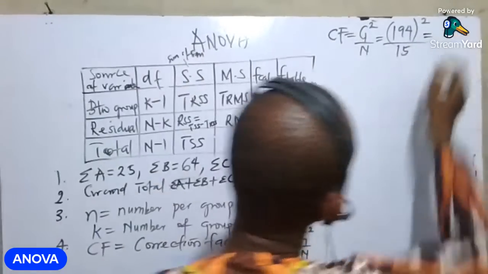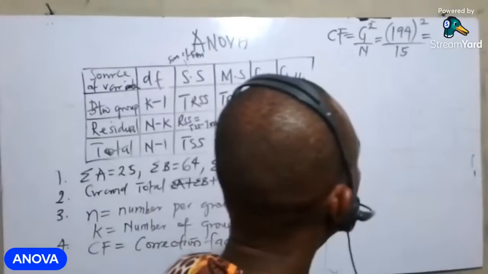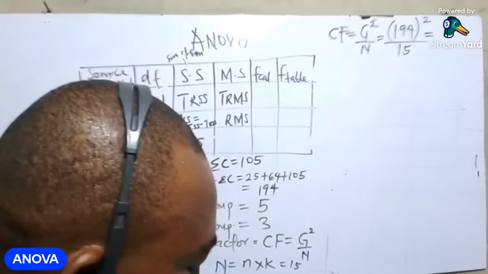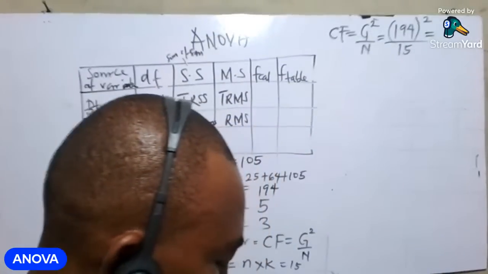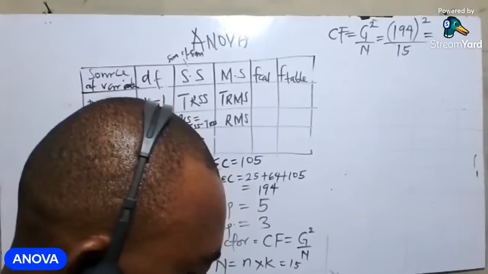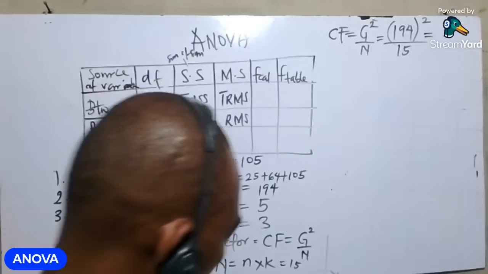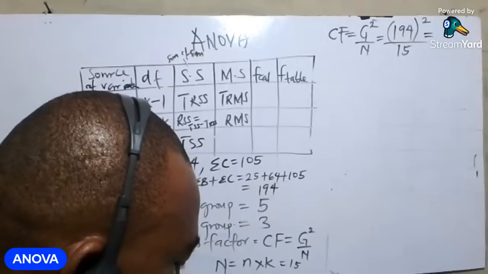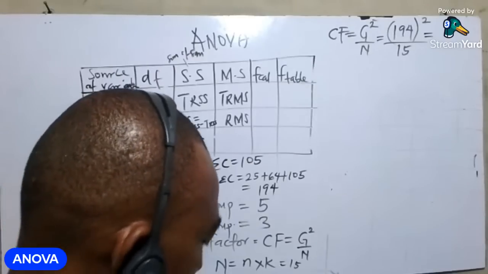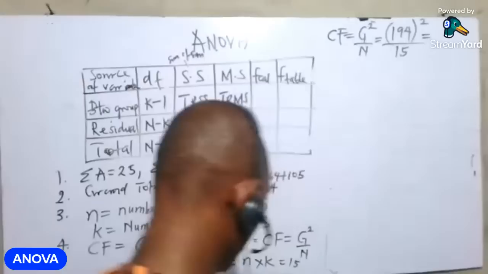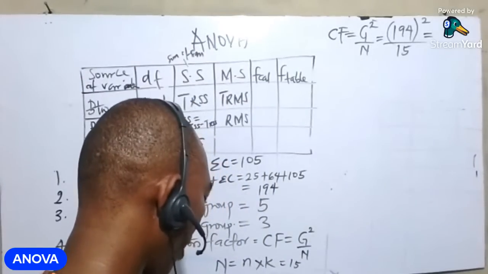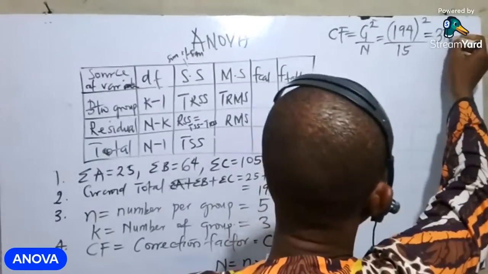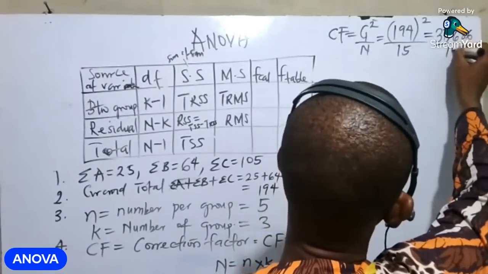So let's square 194. 194 squared gives me 37,636, to be divided by 15.